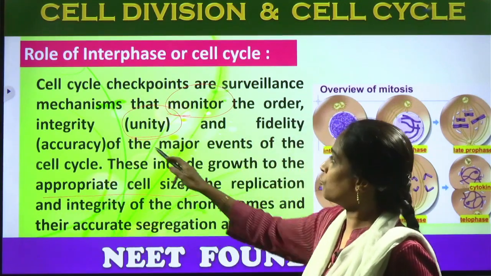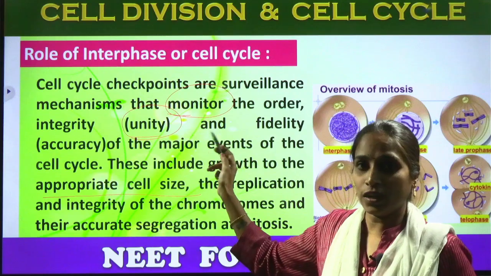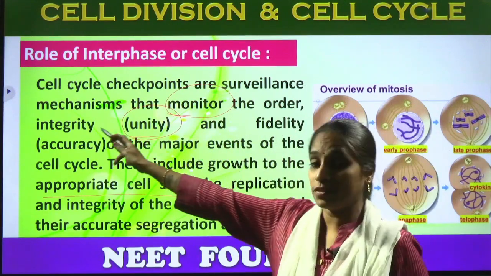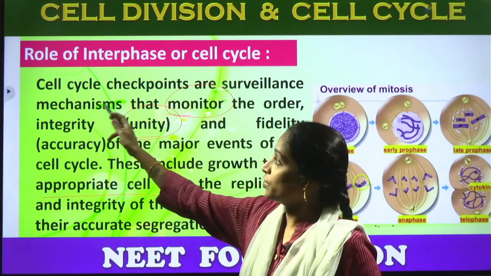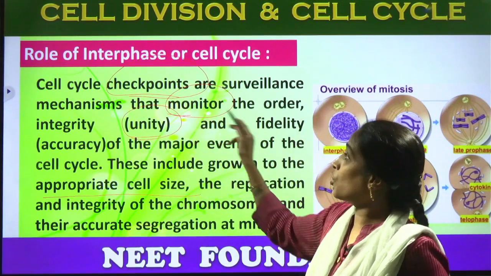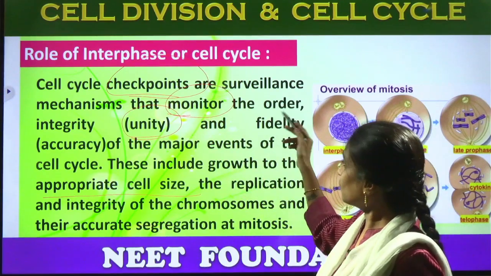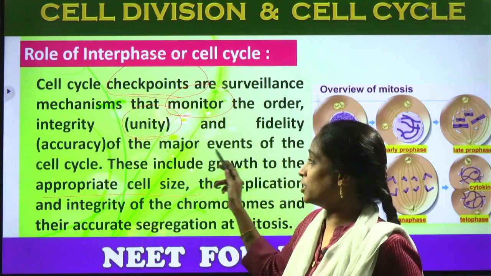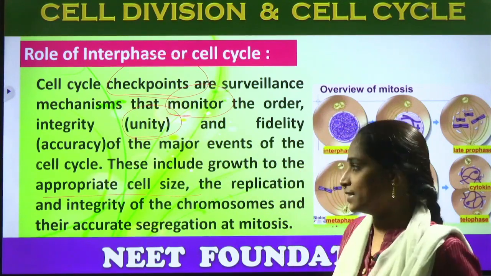Cell cycle checkpoints are the surveillance mechanisms. These surveillance mechanisms are monitoring the integrity and fidelity of the major events in the cell cycle.